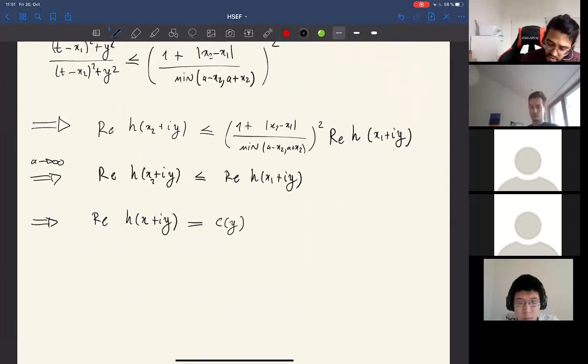And now it's easy to show, and I will leave you to finish, that if that is true, then it's not hard to show that, but in particular, if you differentiate h in z, then you would get that the real part of the derivative of h is 0.